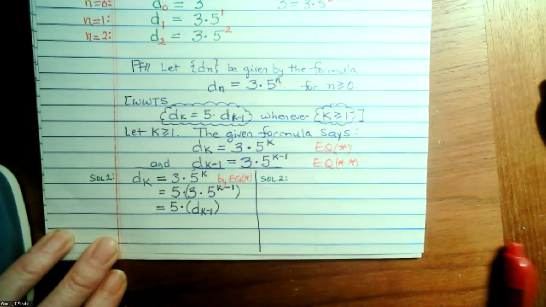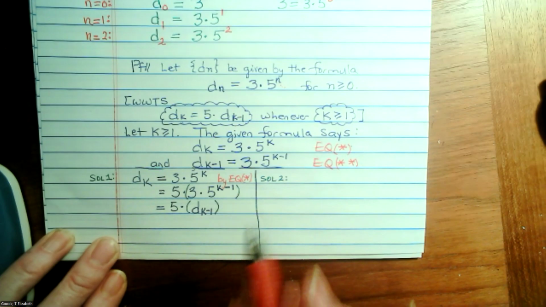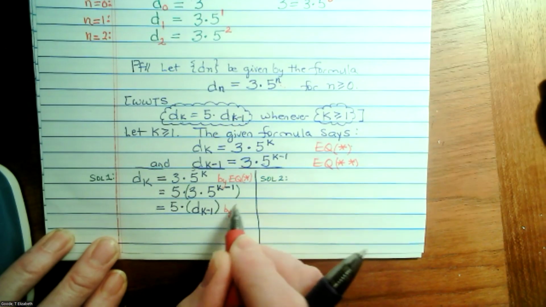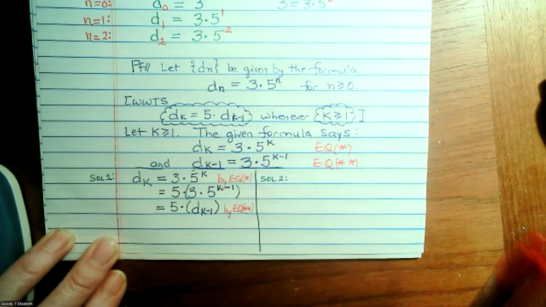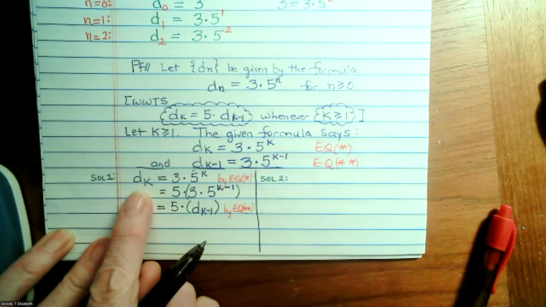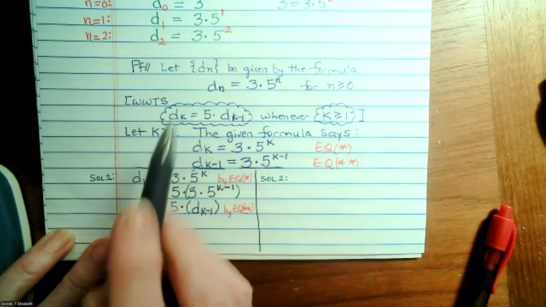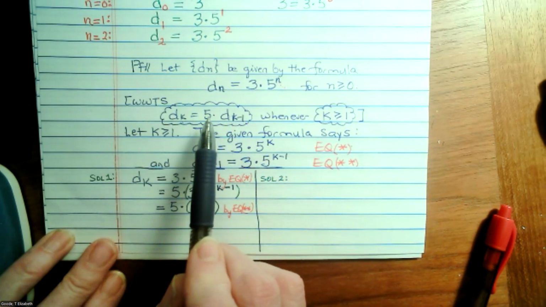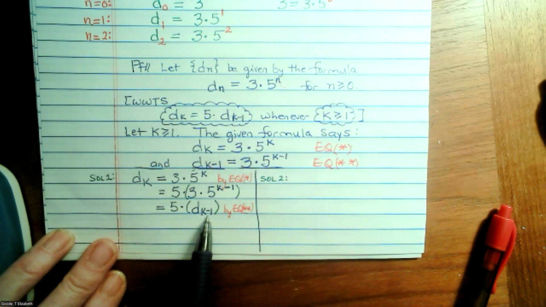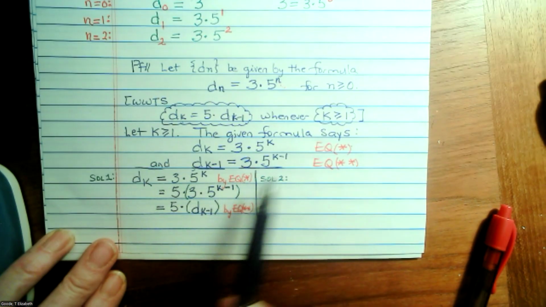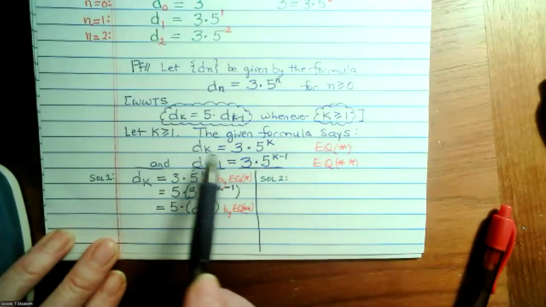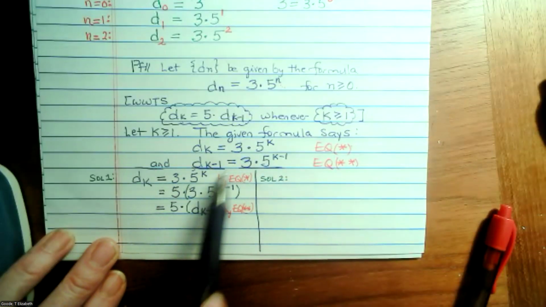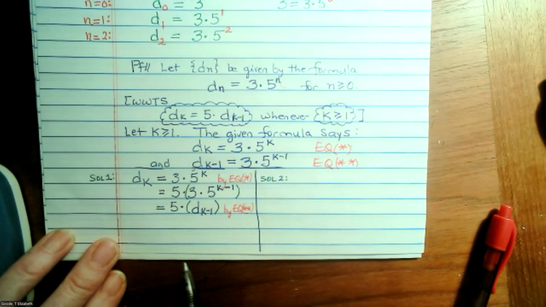This is the definition of d sub k minus 1 according to the formula. And that's what we wanted. We started with d sub k. We turned it into 5 times d sub k minus 1, just by using these equations that gave us information about what d sub k and d sub k minus 1 actually look like, and a little bit of algebra.